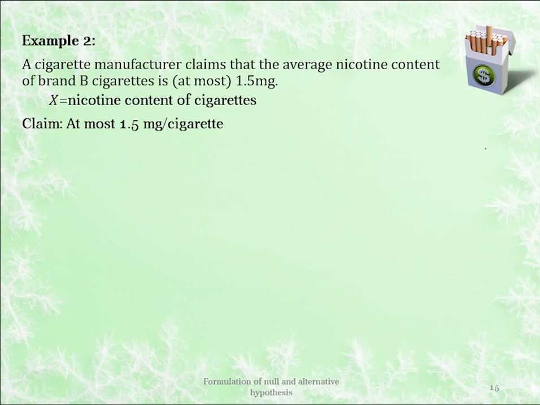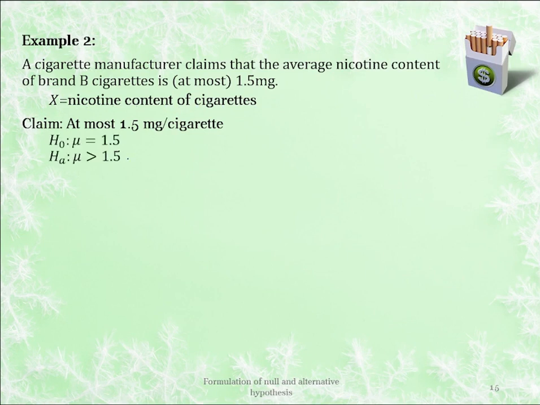Now, a second example. A cigarette manufacturer claims that the average nicotine content of a certain brand of cigarettes is at most 1.5 milligrams. So X is the nicotine content of the cigarettes, and the claim is at most 1.5.